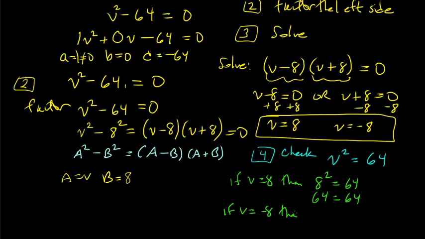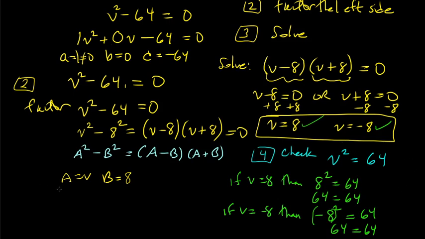So here's where you have to be careful. Because you're not squaring the 8, you're squaring negative 8. Negative 8 times negative 8 is a positive 64. So negative 8 also works. These are both solutions.